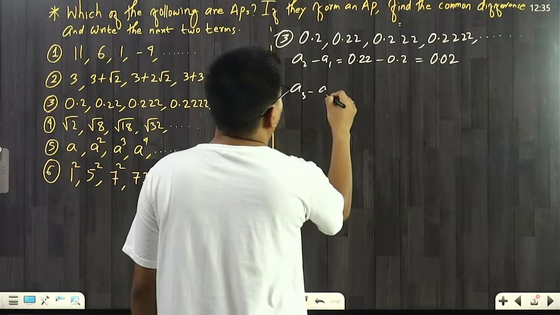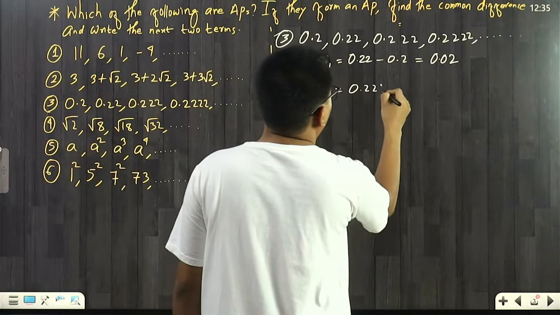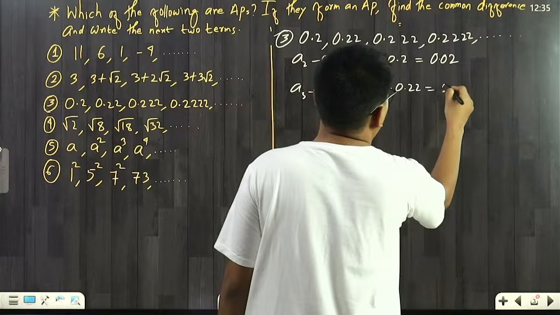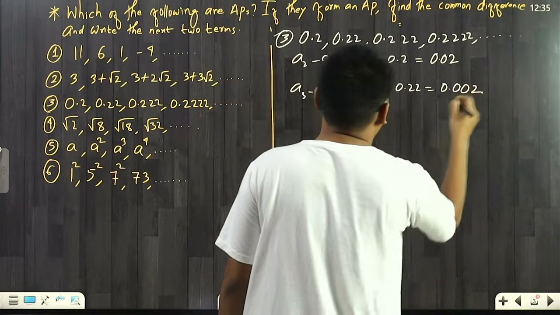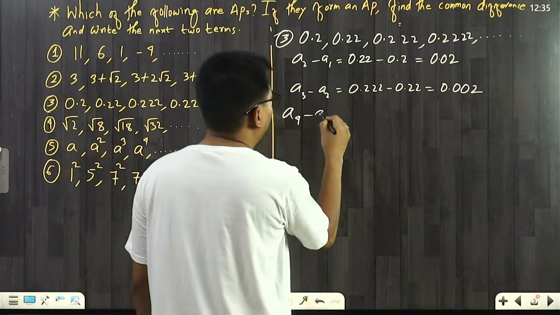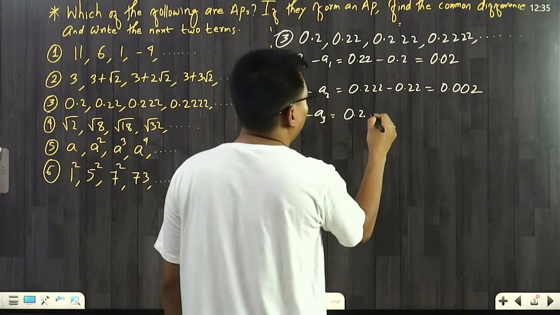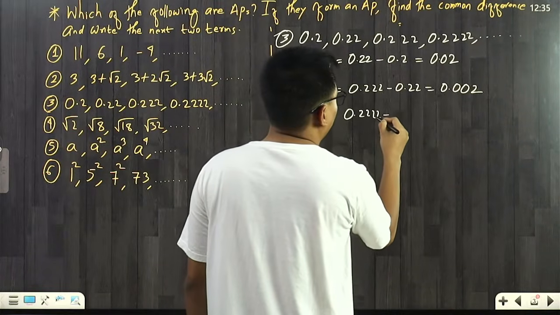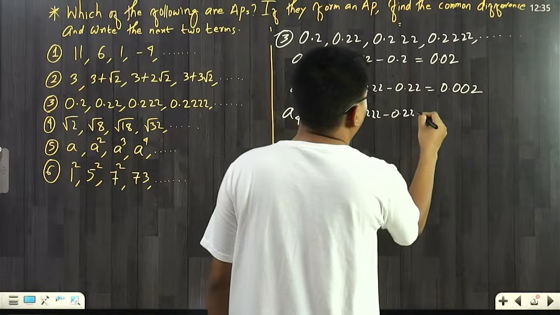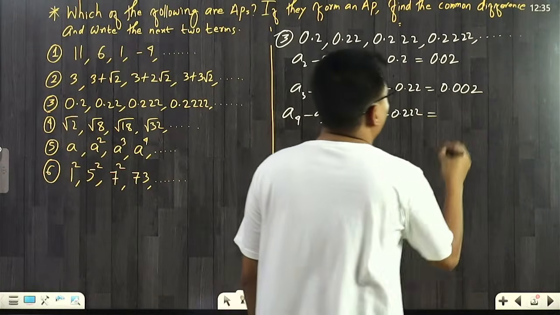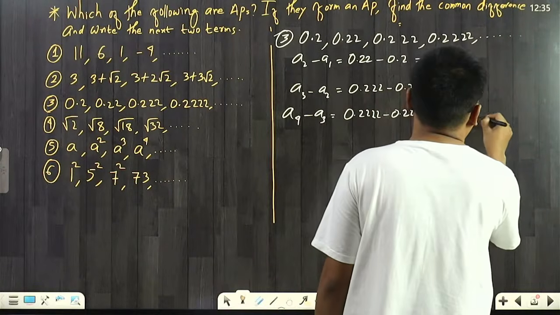A3 minus A2 will be 0.222 minus 0.22, which will be 0.002. A4 minus A3 will be 0.2222 minus 0.222, so it will be 0.0002.